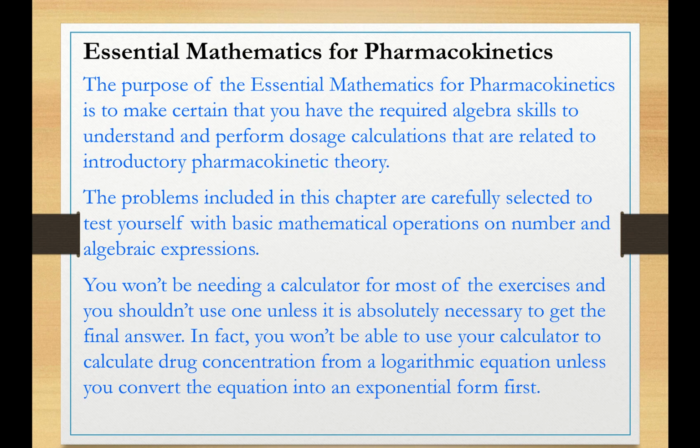Now, why is studying essential mathematics that late in the course if these mathematics are so important for you? Well, this is the reason. In most schools, the course of pharmaceutical calculations involves only compounding calculations. But there are a few schools out there that do teach introductory pharmacokinetics calculations in the course of pharmaceutical calculations because they consider it important to carry out clinical dosage calculations.